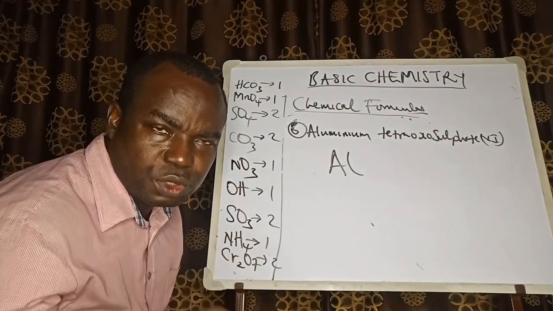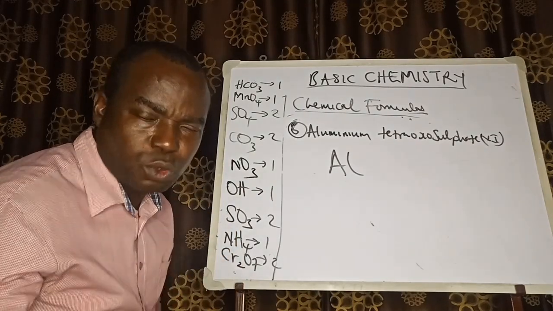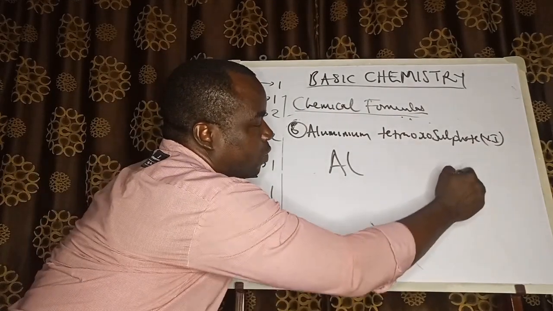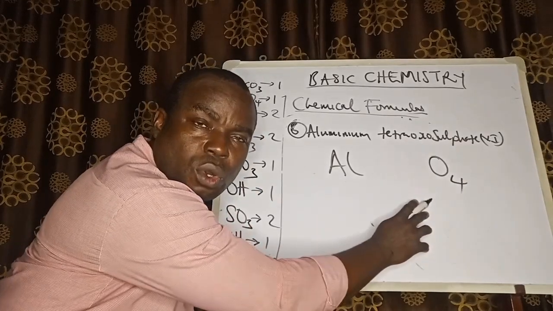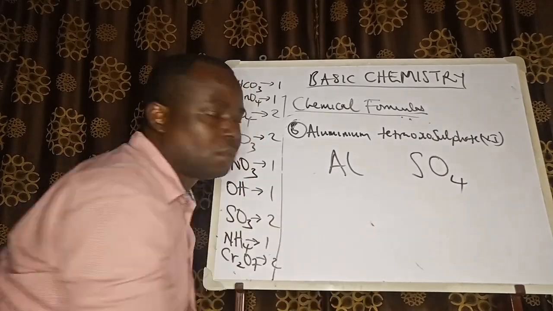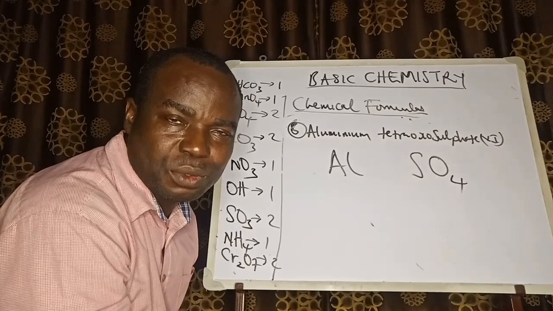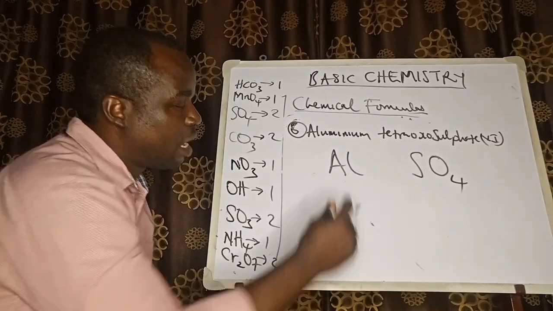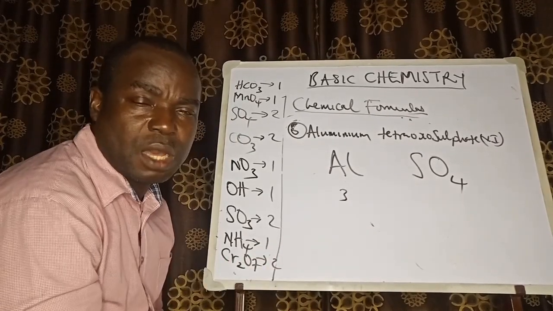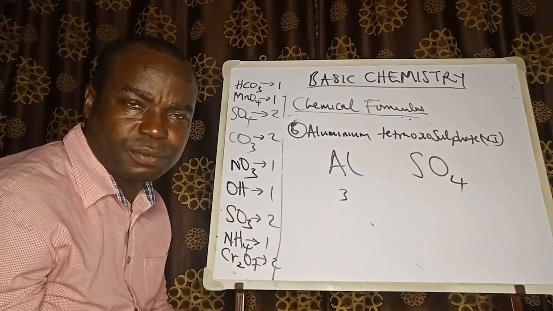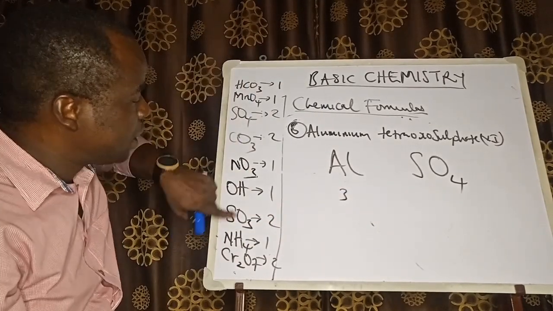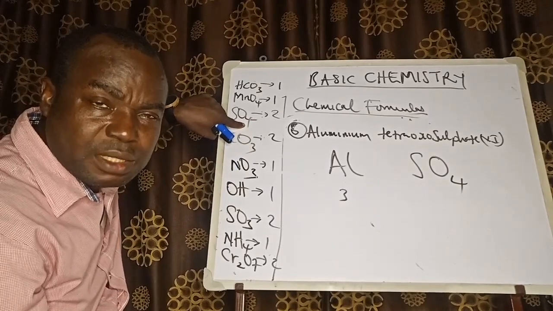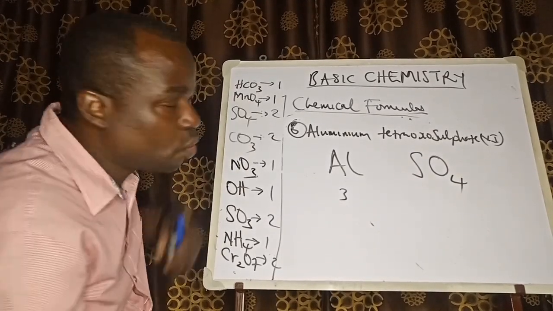Oxo means oxygen. Sulfate means sulfur. So write it from the back here. Tetraoxosulfate. You see it? Now, aluminium is 3 for valency. What is the valency of SO4? You check here. Now, SO4, the valency is what? 2, right? So we have 2 here.